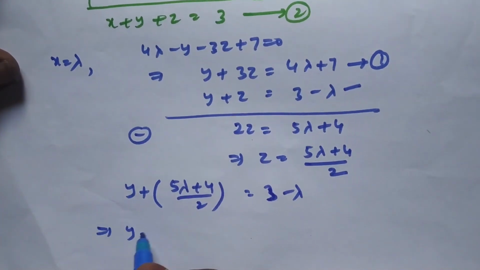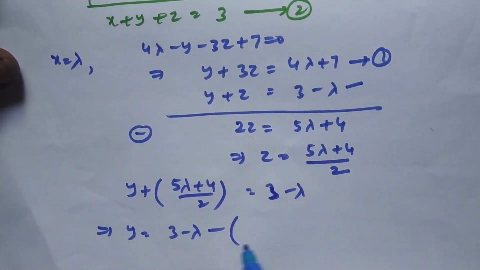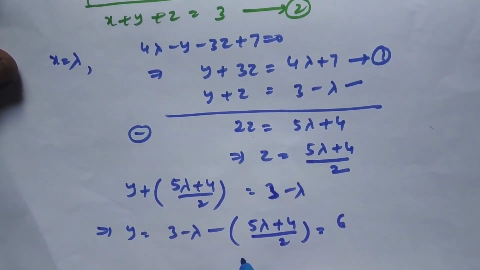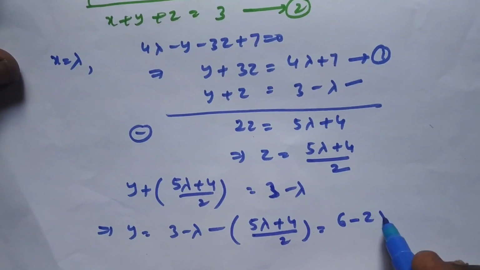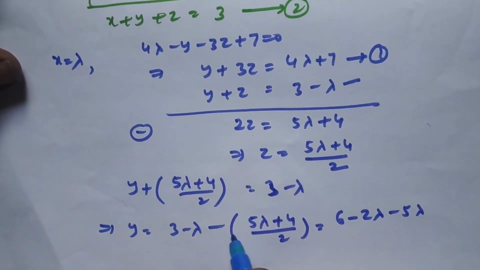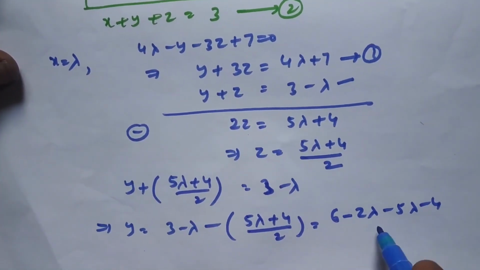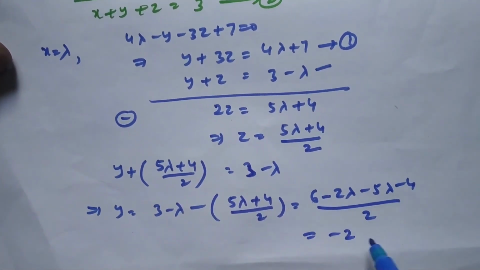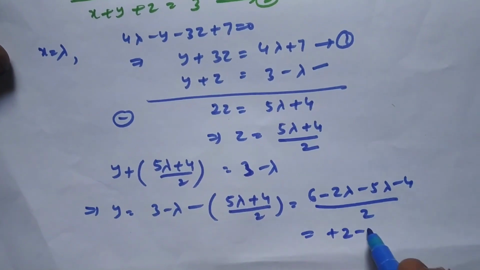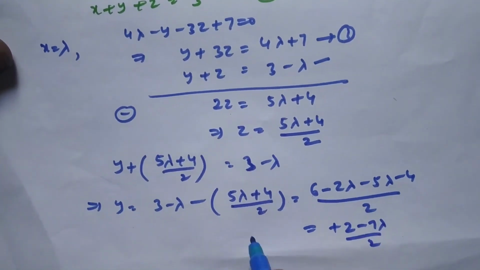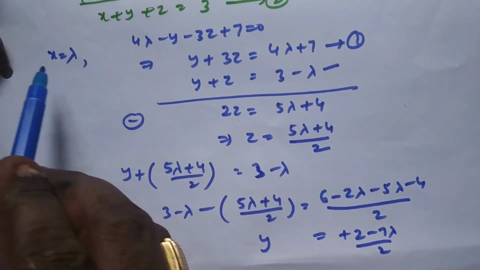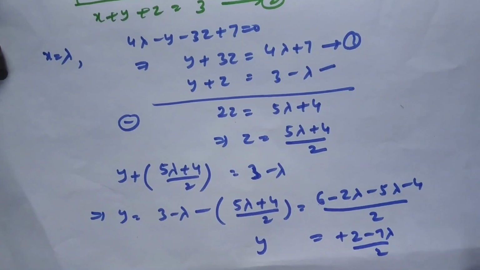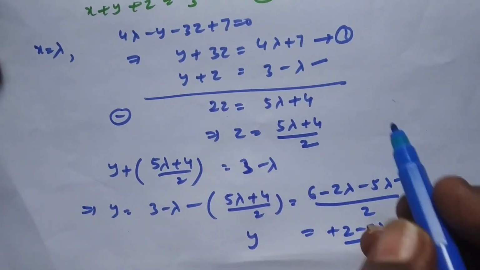Now y is equal to 3 minus lambda minus of 5 lambda plus 4 by 2, that is equal to 6 minus 2 lambda minus 5 lambda minus 4 by 2, that is equal to 6 minus 4, that is 2 minus 7 lambda by 2. So this is your y. So we have x equal to lambda and y in terms of lambda, z is also in terms of lambda.